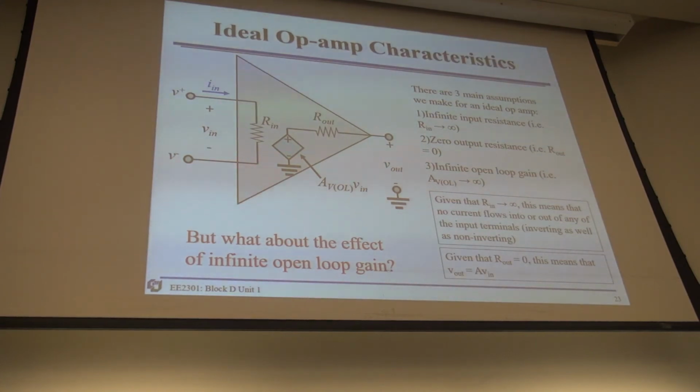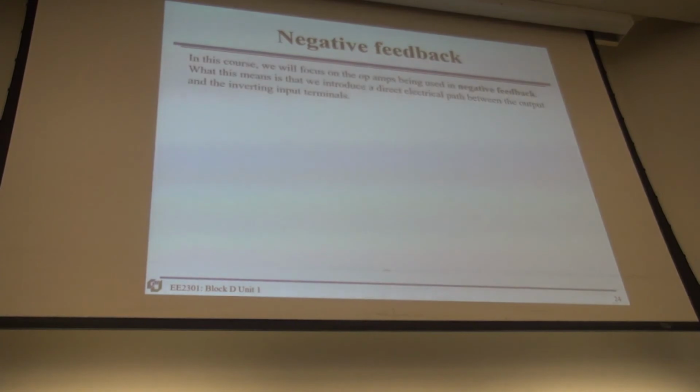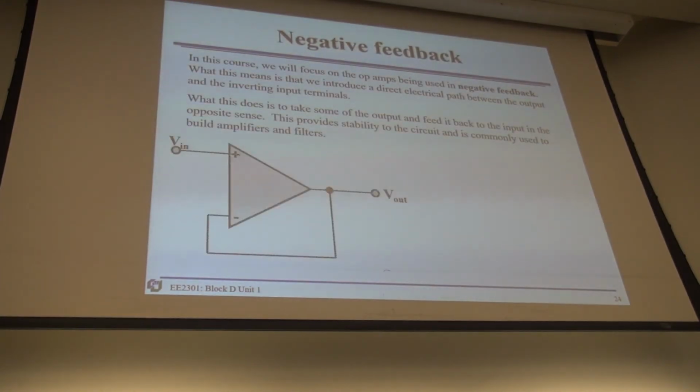So that's why we need to introduce feedback. Here we are going to discuss this one. If I put it in and out, and feed the output back to this inverting terminal, what's going to happen? The difference between here and here is V in minus V out, times A, which is the open loop amplification. A is really, really big.